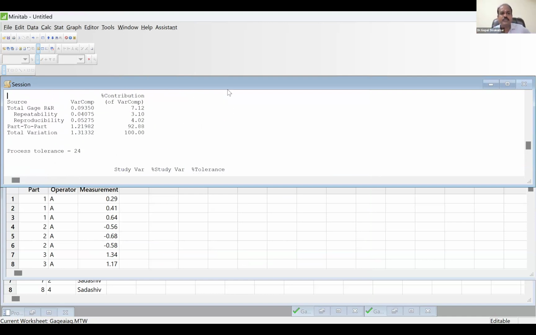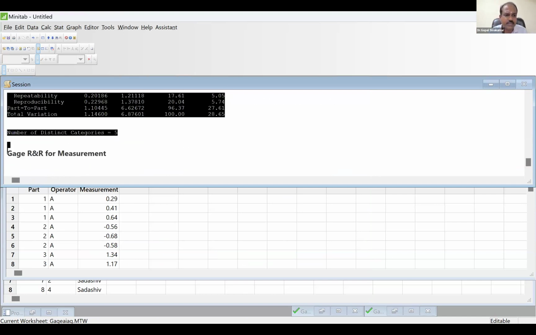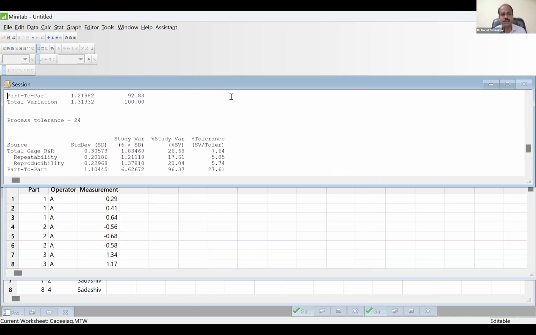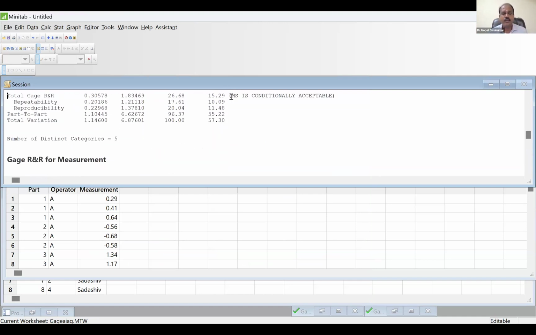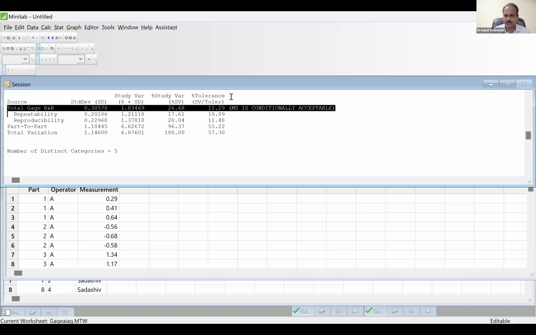But going to the previous scenario, 15.29 is conditionally acceptable. And you know how to make a proper decision in a conditionally acceptable scenario? For your process, you know the control limit, yes or no? And the customer has given you the specification limit. Just check whether the control limits are closer to the spec or well inside the spec. If control limits are well inside the spec, then 10 to 30% is also okay.